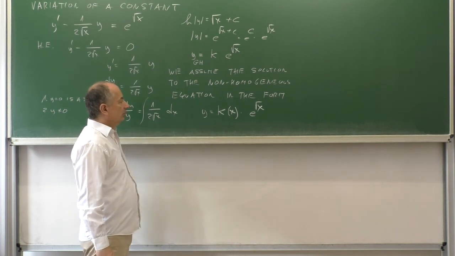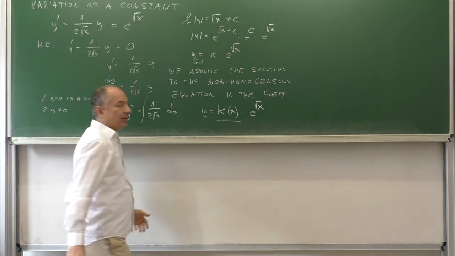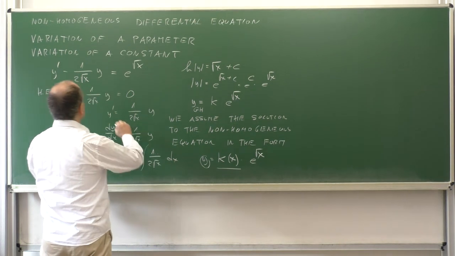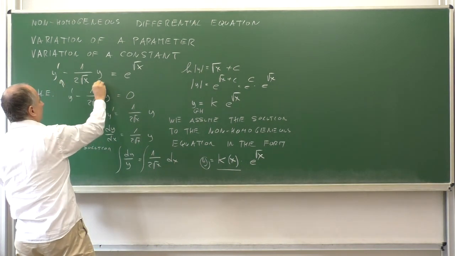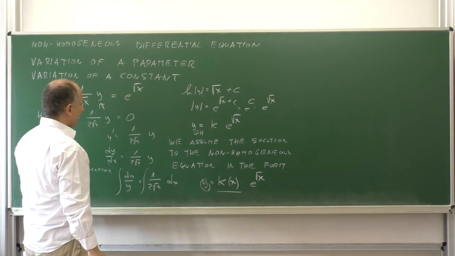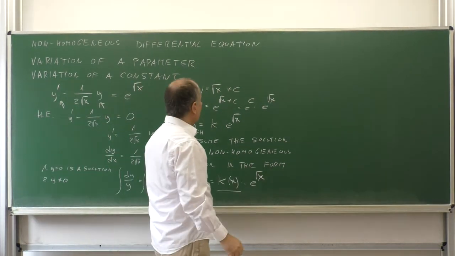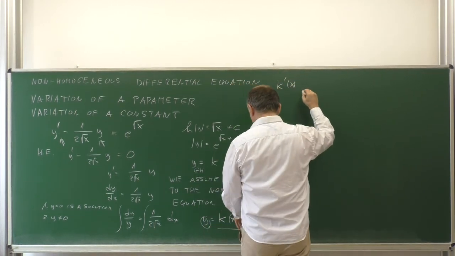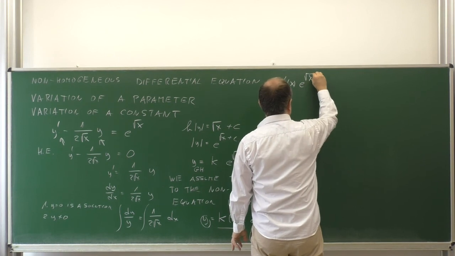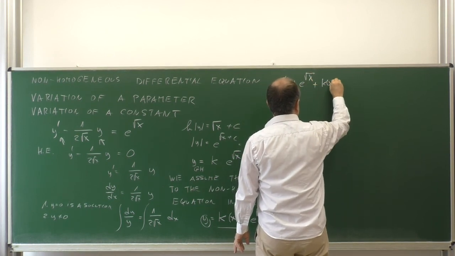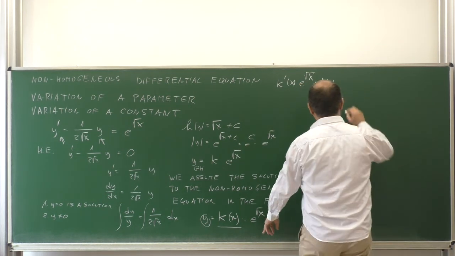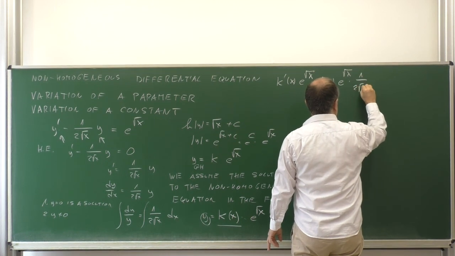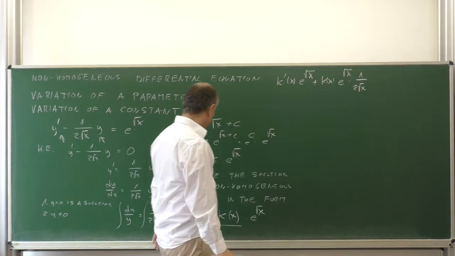Well, what is it good for? Well, we need to find the unknown function k. How to do this? We take y and we substitute it here and here to the differential equation. So we have y derivative, here we have a product, so the derivative of the product is derivative of k times e to the 2 square root of x plus, we copy k and we differentiate e to the 2 square root of x, which is e to the 2 square root of x times the derivative of the square root, which is 1 over 2 square root of x.